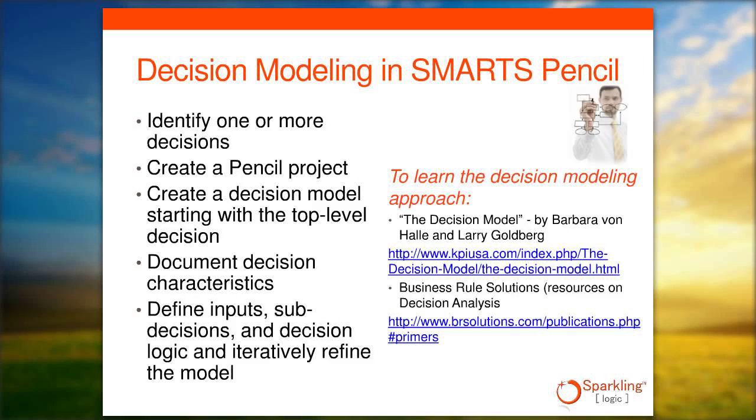And by identify your decision, specifically, I mean asking what decision it is that you're trying to make. And oftentimes, this decision can be formulated in the form of a question. For example, is this applicant eligible for this loan product? And you would then identify the outputs from the decision, which would typically, in this case, be an eligibility decision, yes or no. And if no, what are the reasons why they were not eligible?